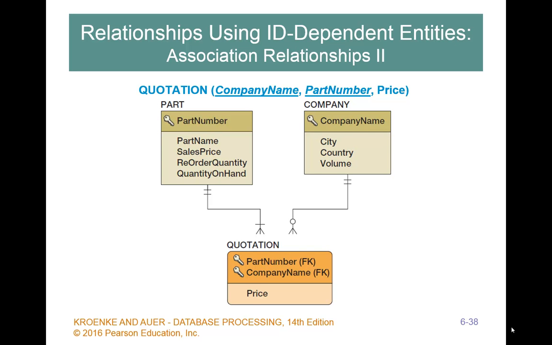So in this particular example, you just notice that we're associating a price with a specific part number and a specific company name. Because we've added an additional attribute, this new table now becomes what's called an association table.